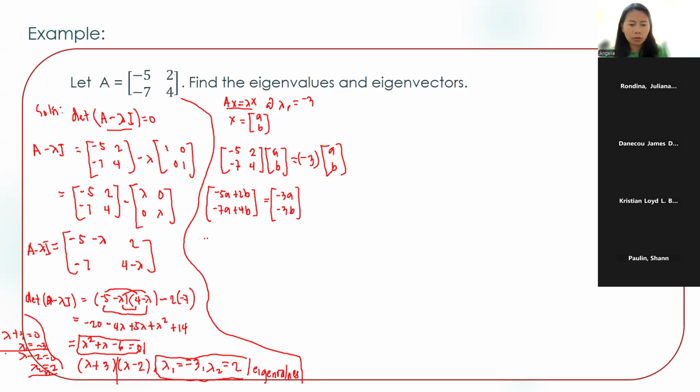Right? Convert this. Express this as a system of linear equation. So we have negative 5A plus 2B is equal to negative 3A. And then your negative 7A plus 4B is equal to negative 3B. Now you solve. However you want it.